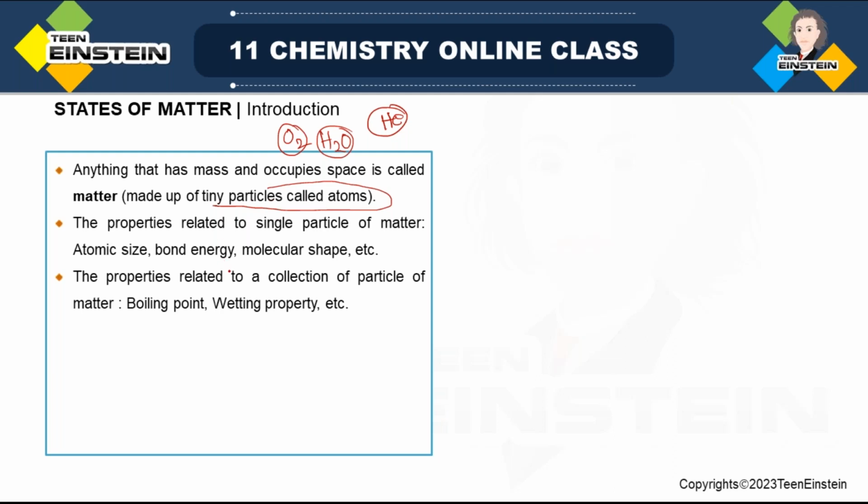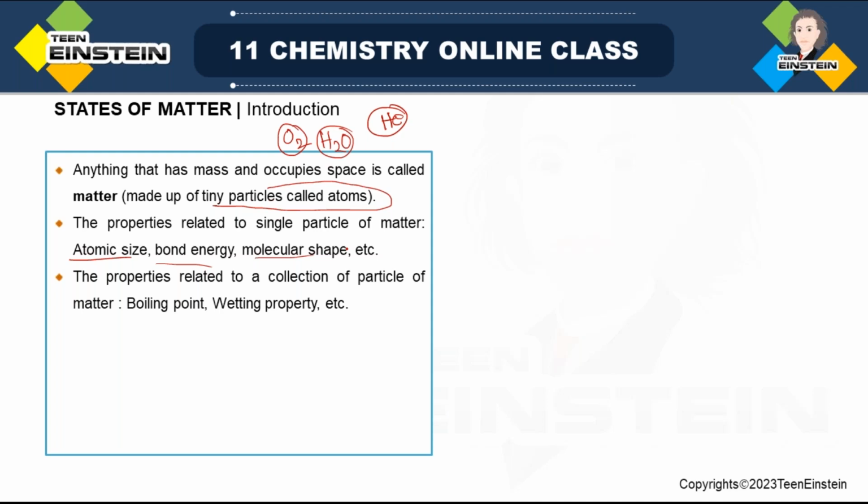So these are the properties that are directly related to a single particle of matter, and here you can see some examples. When we talk about molecular shape, that we have already seen in the chemical bonding chapter, it is all about a single molecule, right? We don't consider 4 or 5 molecules together and then see something. No, it is completely related to a single particle, a single molecule.